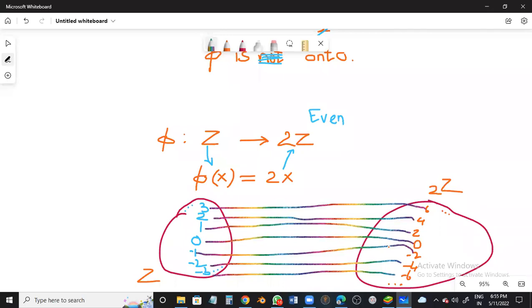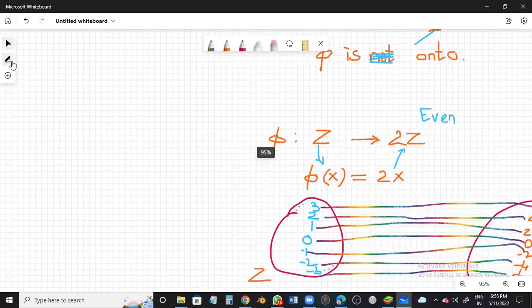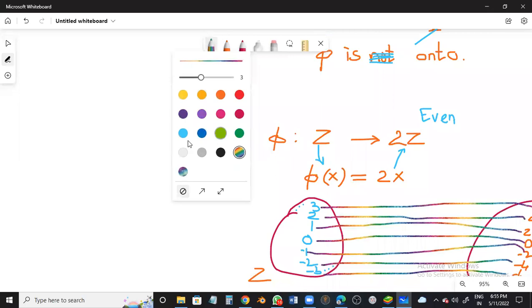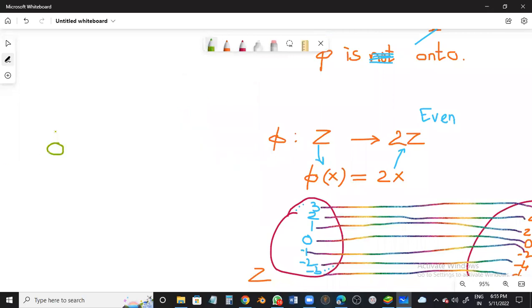Okay. And I have to say our function is 1, 1. Talking about 1, 1-ness, suppose phi of A is phi of B. Images are same. We want to check for the pre-images. What is phi of A actually by your definition?